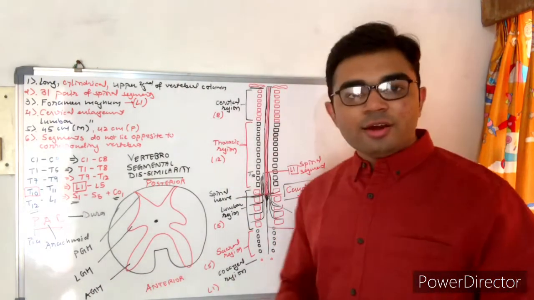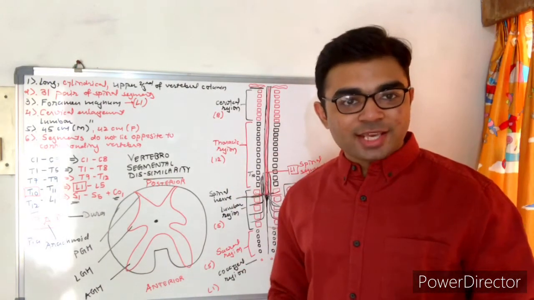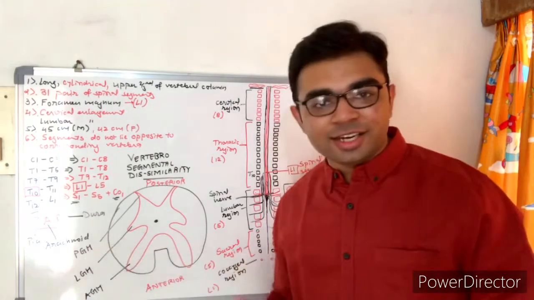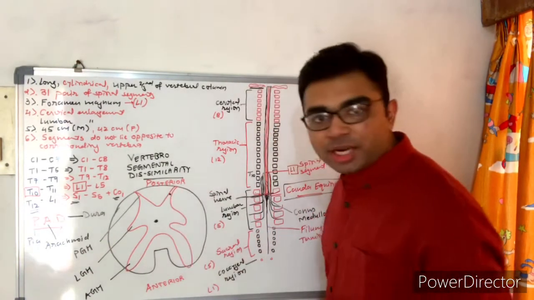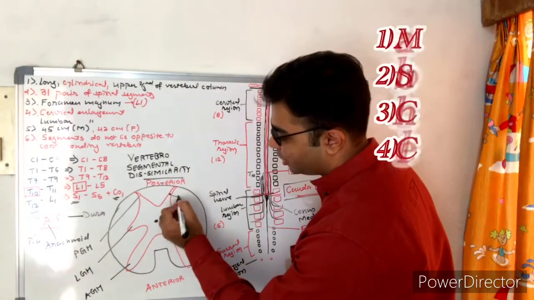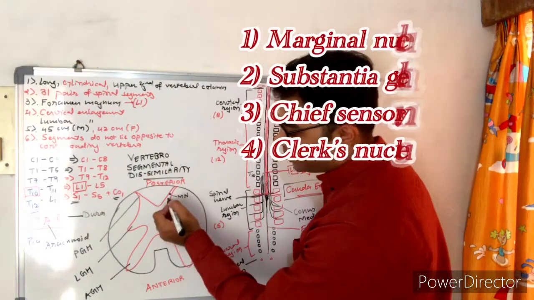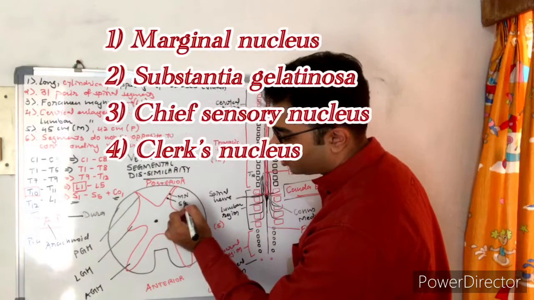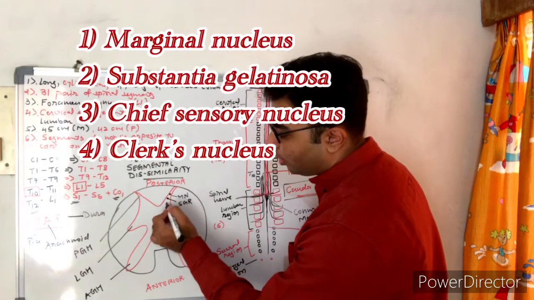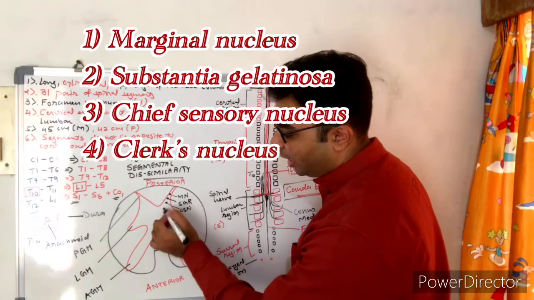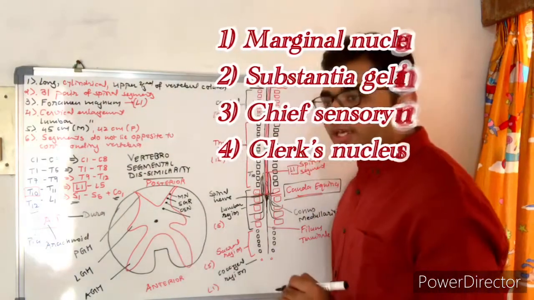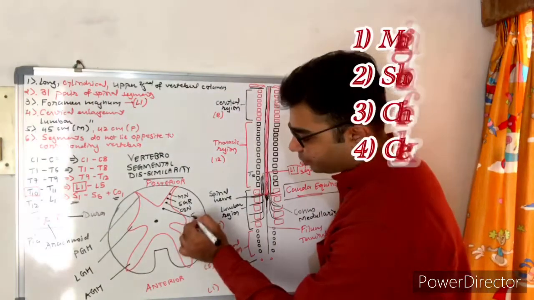There are a total of 4 nuclei present in the posterior grey horn. The first is the marginal nucleus. Second is the substantia gelatinosa of Rolando. Third is the chief sensory nucleus, and the fourth is Clarke's nucleus.